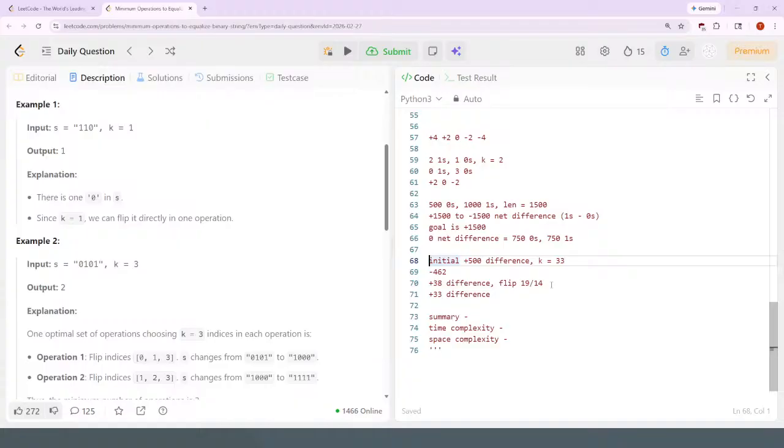So I think maybe you should always try to flip all you can, if it's more than 2 times k. Is that the relevant range? From 0 to 2k, is that the relevant range?